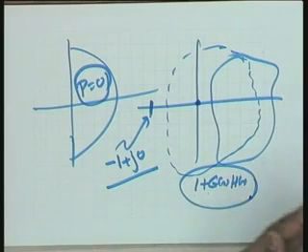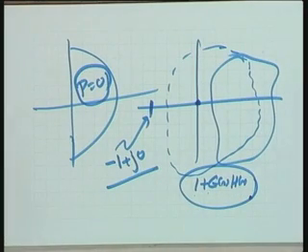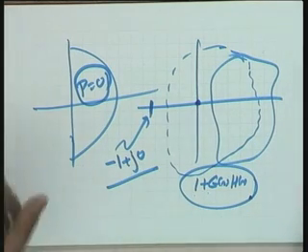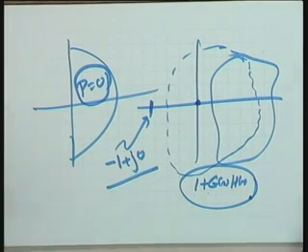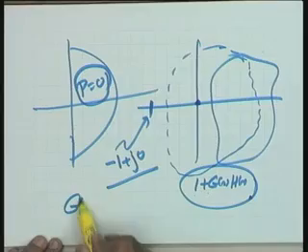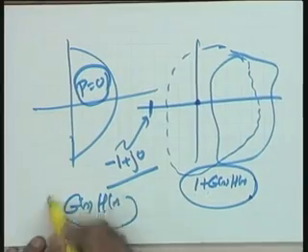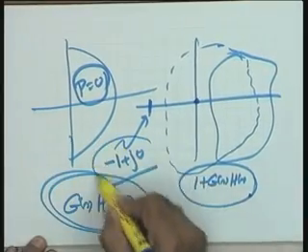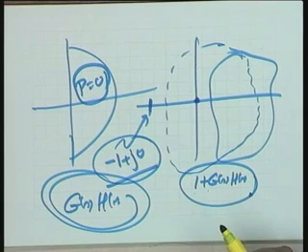That is, I shift the entire plot by 1 unit towards left. So the concluding statement: an open loop stable system is stable under closed loop operation if and only if the plot of GsHs does not encircle the minus 1 plus j0 point.